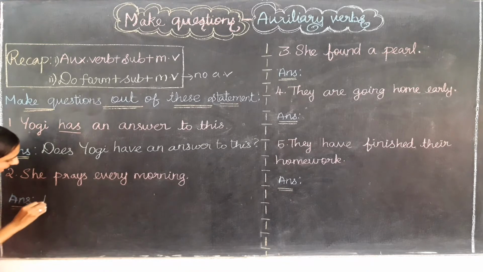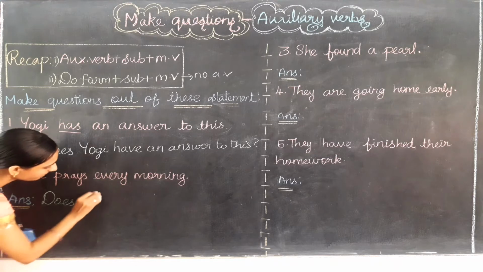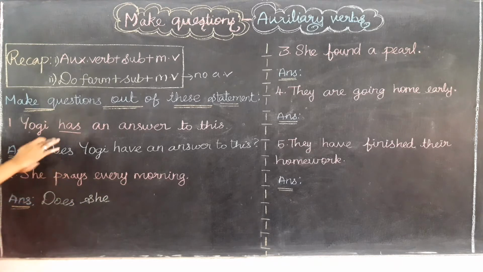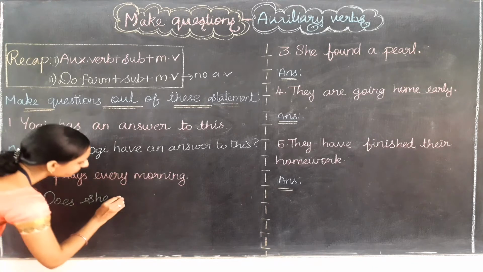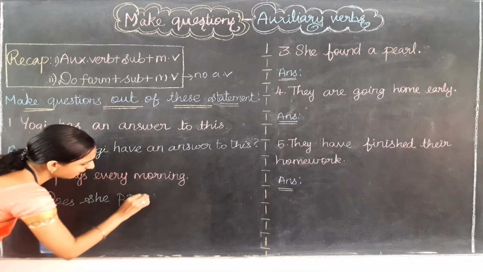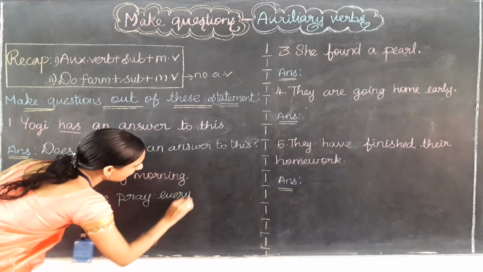So I am going to write does first, D-O-E-S, does. Then what do I need to write? You can look at the formula. Yes, I need to write the subject, that is she. Then the main verb and all other words. The main verb here is pray only. Pray. Does she pray every morning?